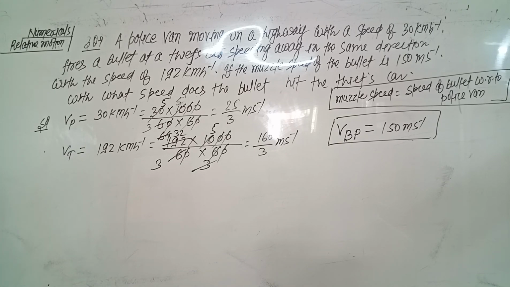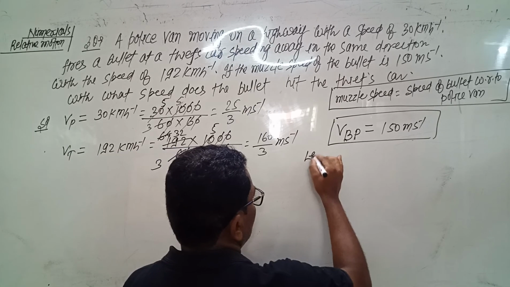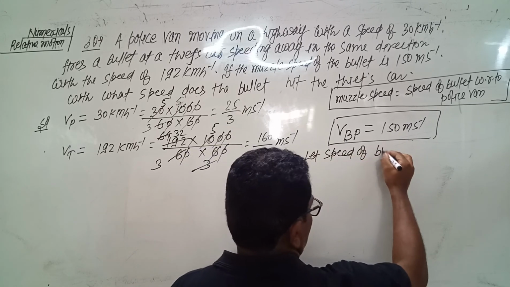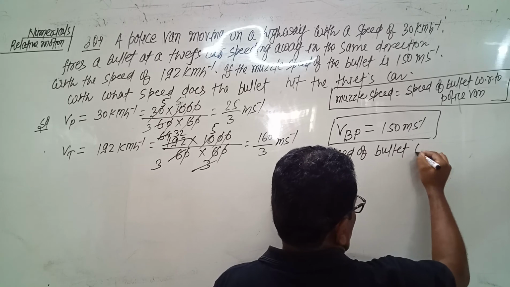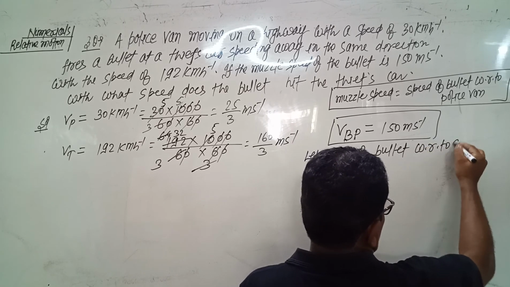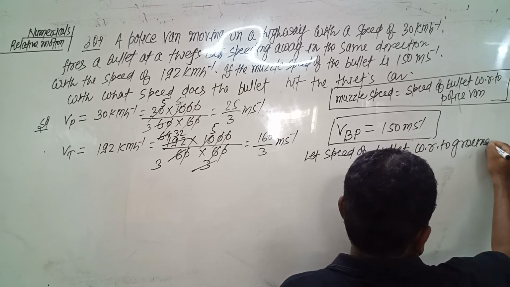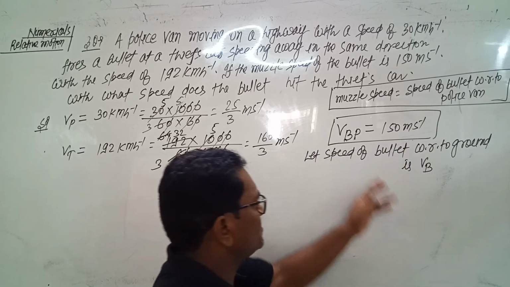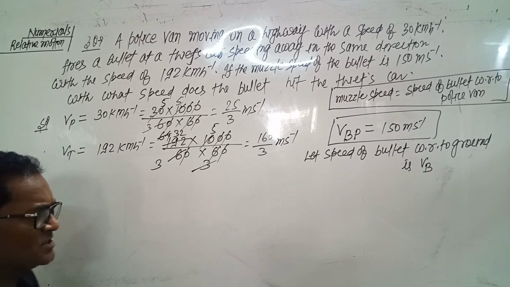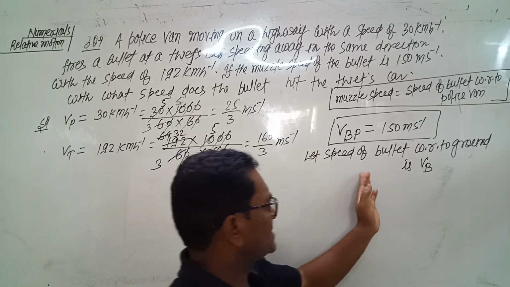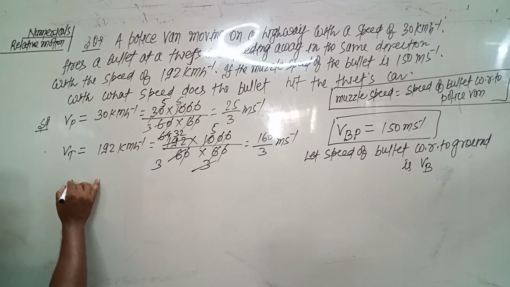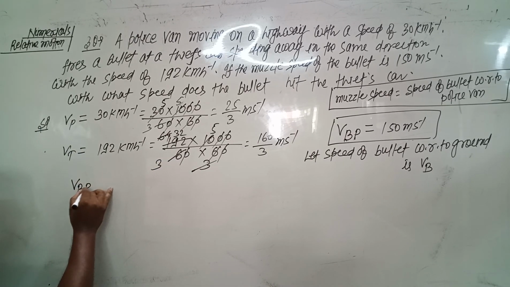And let the speed of bullet with respect to ground be VB. I have supposed the speed of bullet with respect to ground. So firstly we will calculate VB.